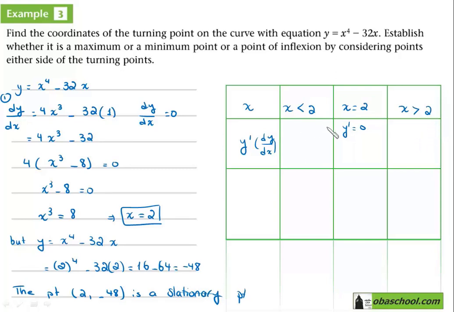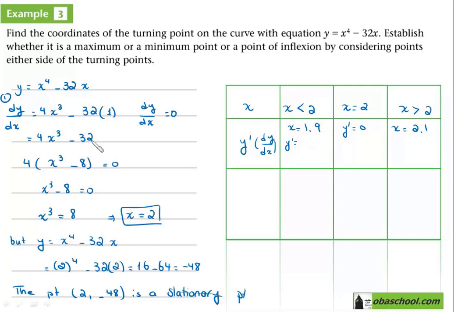To calculate it, we take a value that is very close to x equals 2. So here we are going to take x equals 1.9, and for the greater than 2, x equals 2.1. Now we calculate y prime for each. We simply substitute 1.9 in this equation, and then we substitute 2.1.